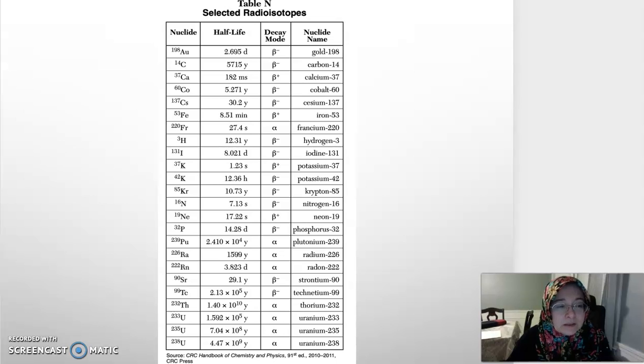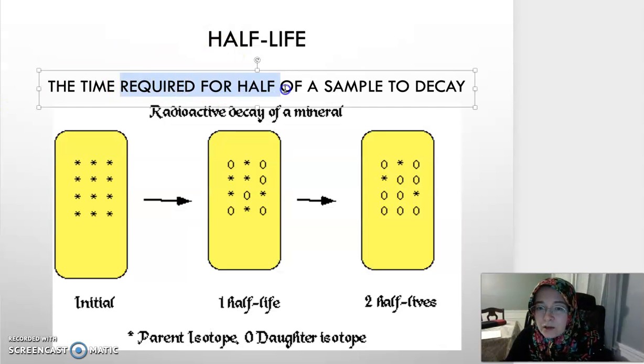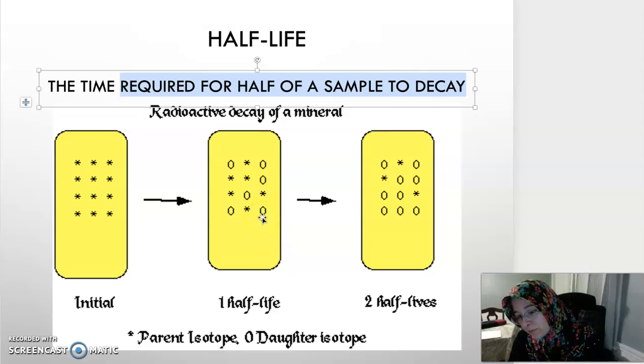Let's show it on this one. Half-life is the time required for half of a sample to decay. Imagine you have 12 parent isotopes. The parent is the initial radioactive element. After one half-life, you will have 6 parent isotopes and 6 daughter isotopes.